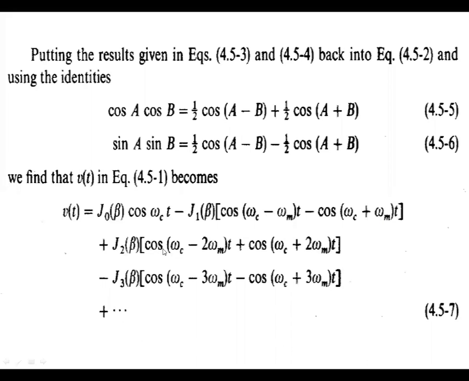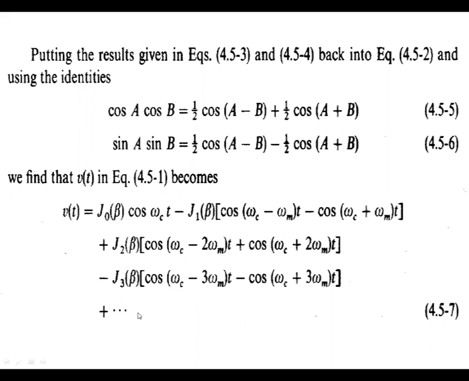J2 also has ωc − 2ωm and ωc + 2ωm. Like J3 has ωc − 3ωm and ωc + 3ωm.